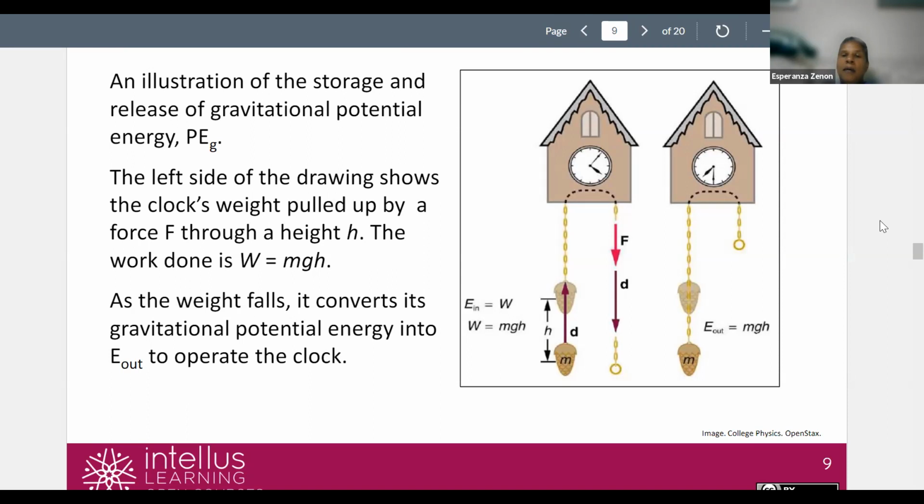So by pulling the chain down, you store up energy that is equal to the work that's being done. And when you let go of the chain, the energy that's released is equal to the amount that you stored up. Okay? So you see there's this kind of exchange in energy going on. You pull a chain and store up potential energy, you let it go, and you release that energy. Okay?